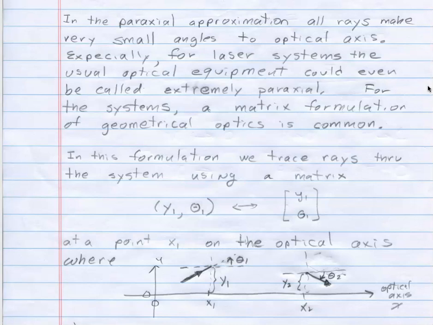In any event, for such systems, the matrix formulation is a method that is used a lot. Matrix formulation of optics is commonly used, and we'll begin our study of matrix optics with this session.